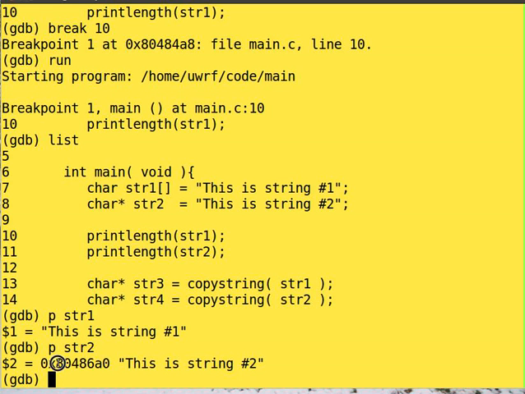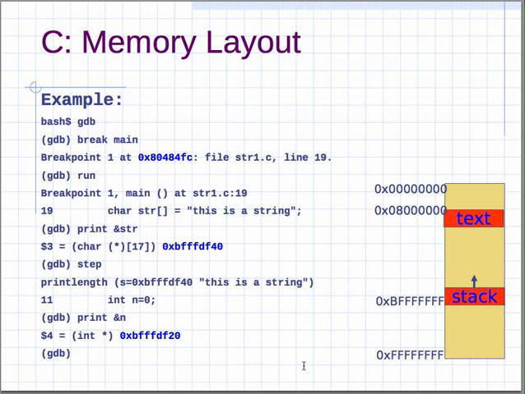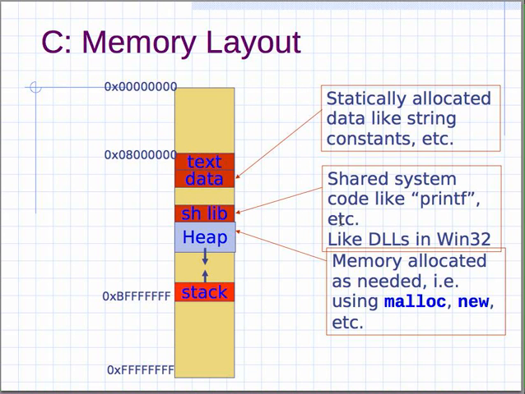This looks like it is somewhere near that text area, and what we'll see is that it is actually in the heap. So the heap is pretty close to here. There's a whole bunch of things here. This is not actually drawn to scale. The heap is 0x08 something. The exact value we can't really tell, due to things like stack randomization and heap randomization.